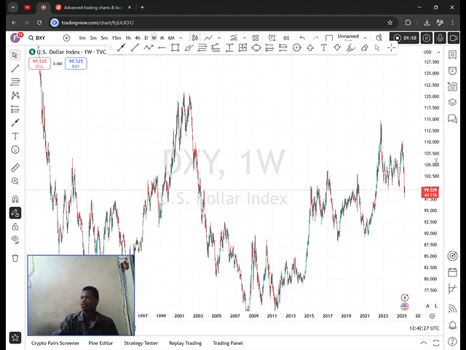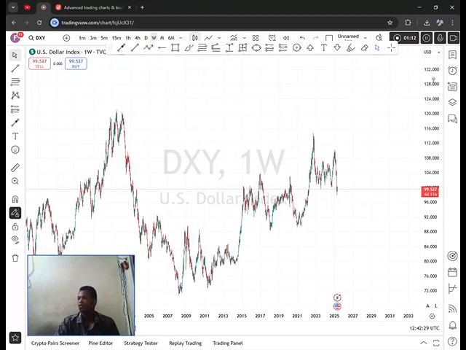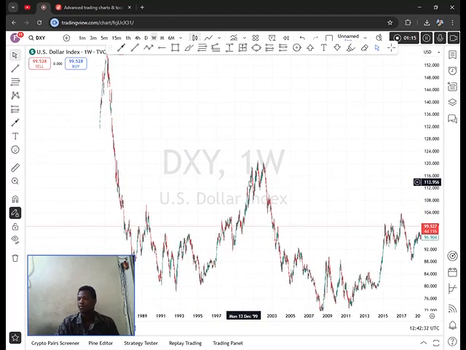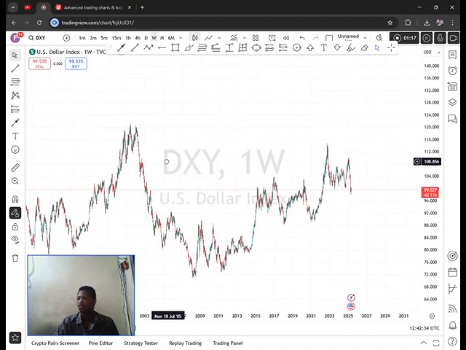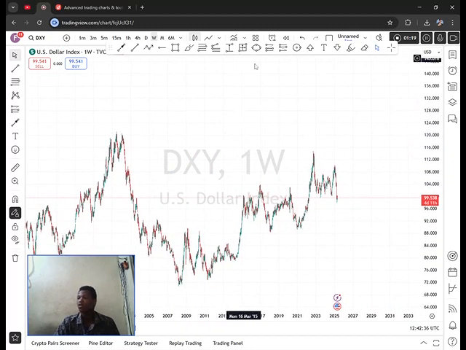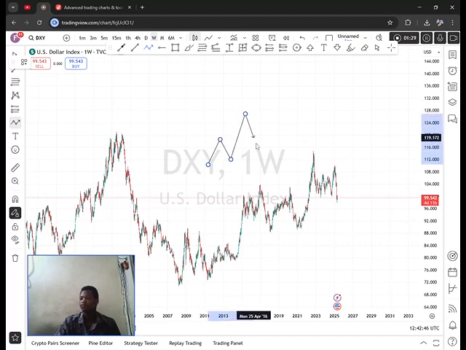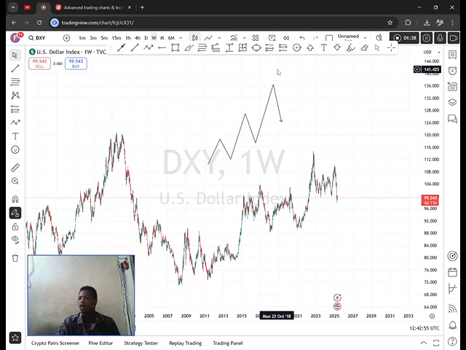In a bullish trend, the market is making a series of higher highs and higher lows, something like this. So you will call it low, high, higher low, higher high, higher low, higher high, higher low.